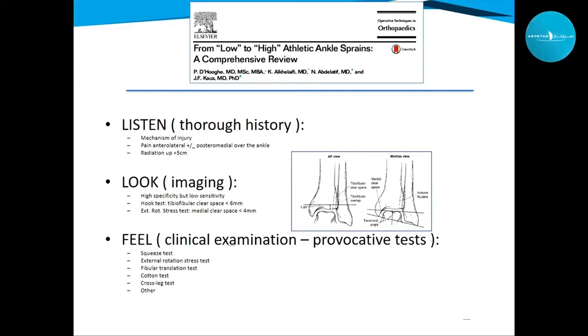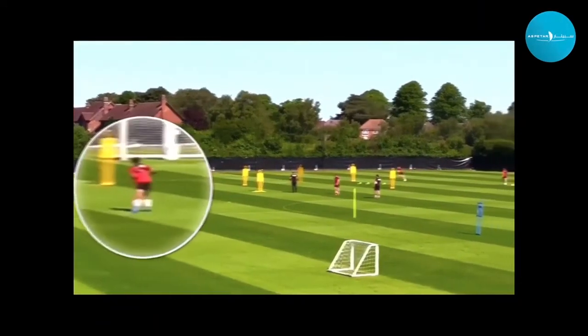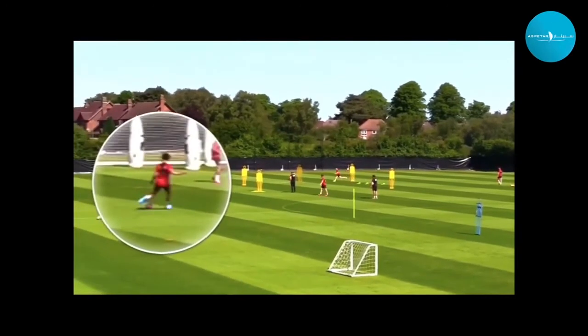We look especially at the imaging, we do the testing, and we feel. We use the tests that are out there. Although they are provocative and not pathognomonic at all, they are helpful in the full assessment, in the menu of options that we can use to identify stability versus instability.